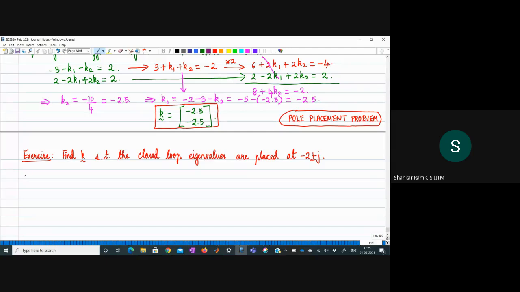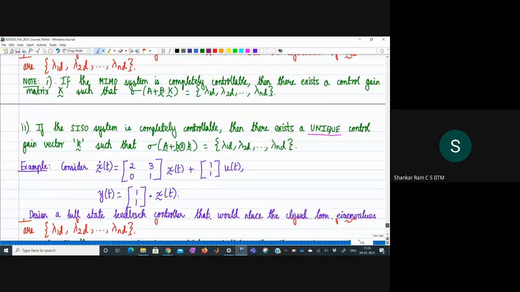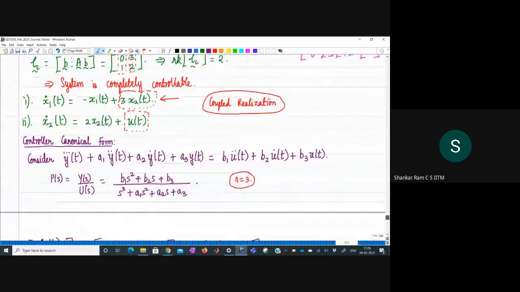Now, moving on to another example. I'm going to demonstrate how the controller canonical form is useful. I hope all of us recall the controller canonical form, wherein we wrote down the state space representation from the governing ordinary differential equation.